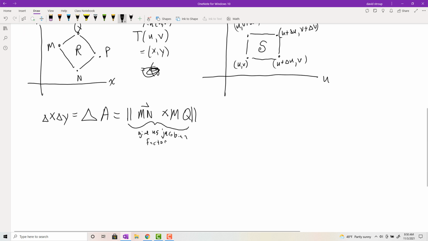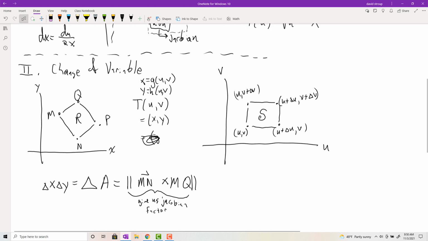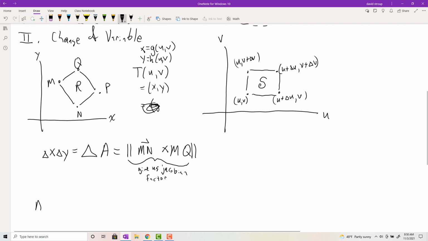And what I'm going to do is rewrite M, Q, and N in terms of the G and H functions above. Okay, so M is going to be this point right here.